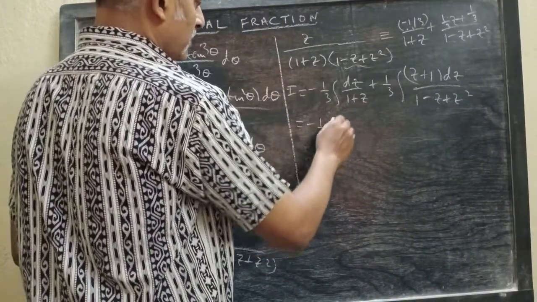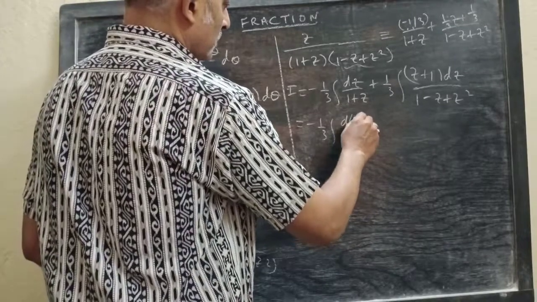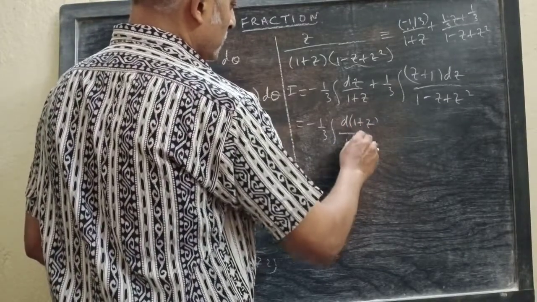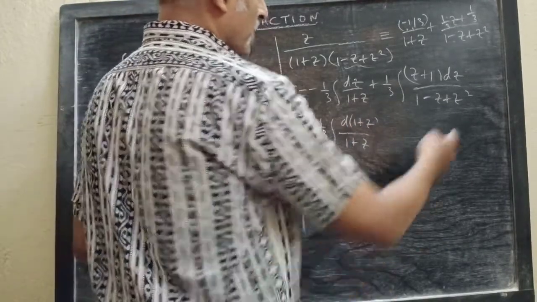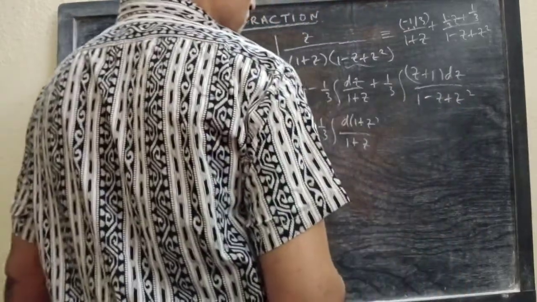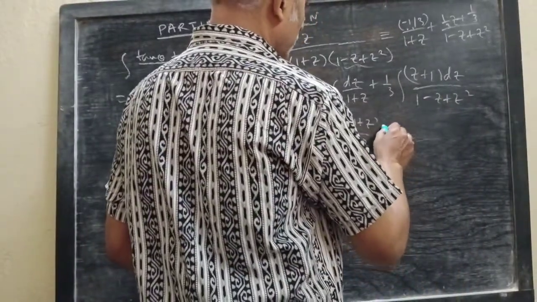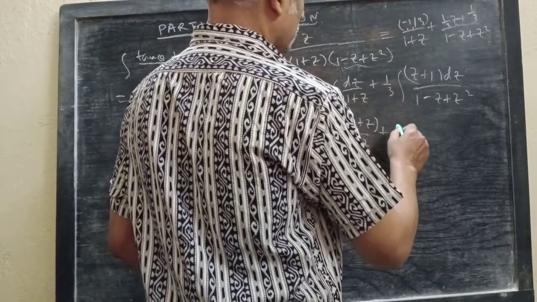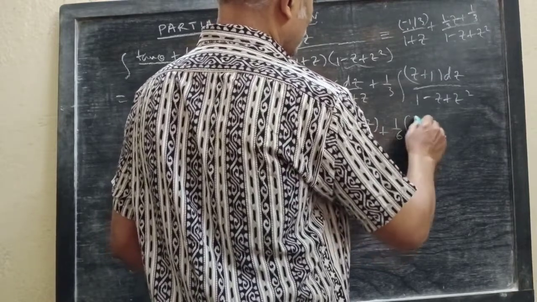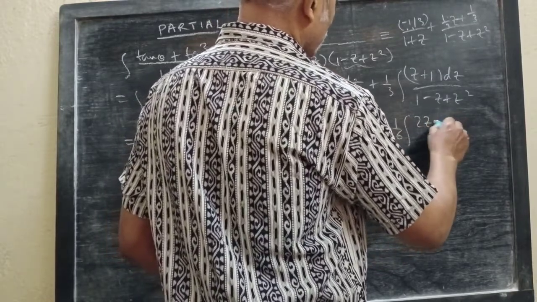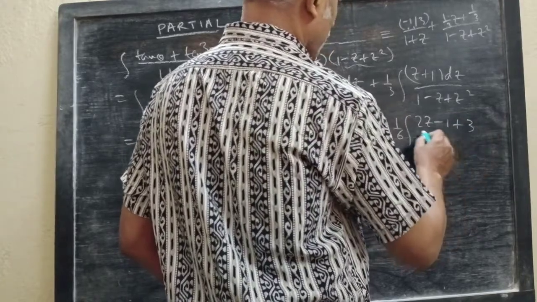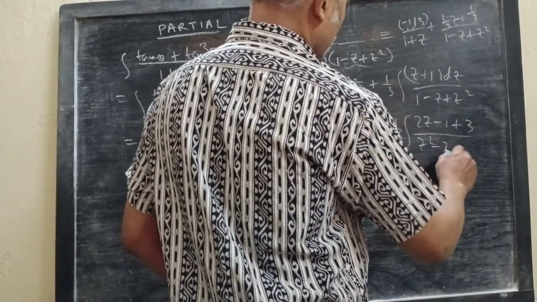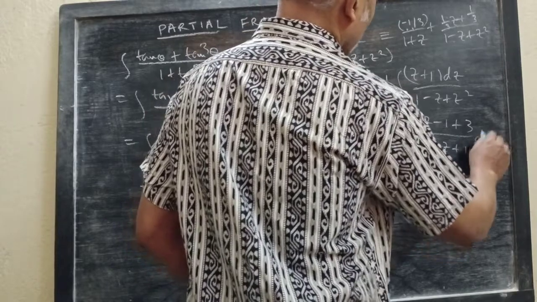Next, minus 1/3 integration d of 1 plus z by 1 plus z. For the second part, the derivative of the denominator is 2z minus 1. Therefore 1 by 6 integration 2z plus 2 minus 1, so plus 3 by z square minus z plus 1 dz.